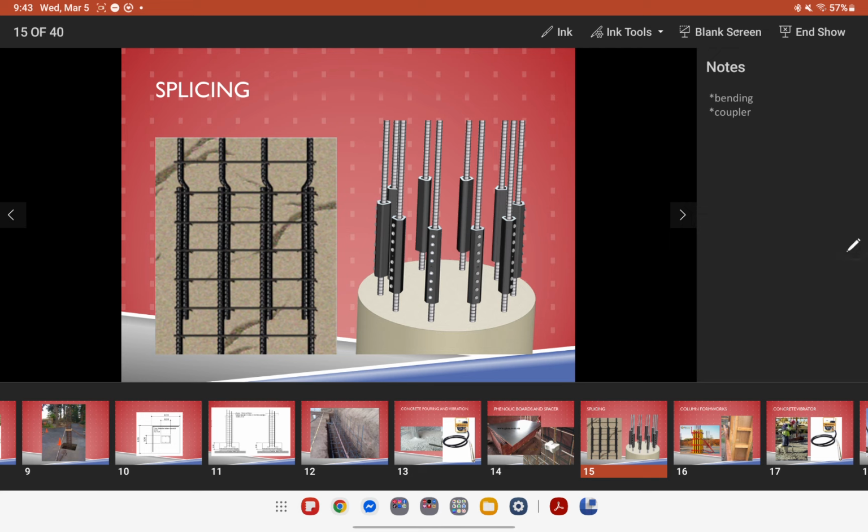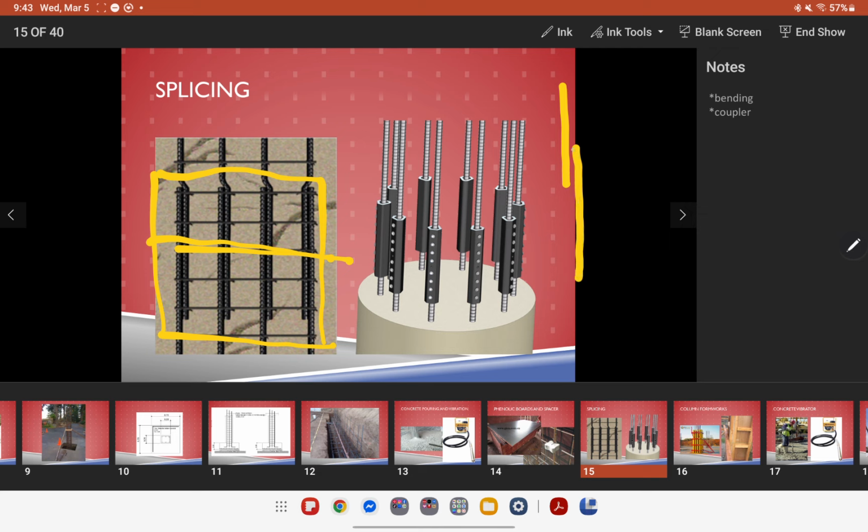Now from what I know, you do not actually splice a series of rebars in the same spot, because this would mean that this area here is a weak point. What they usually recommend is you splice at different points.